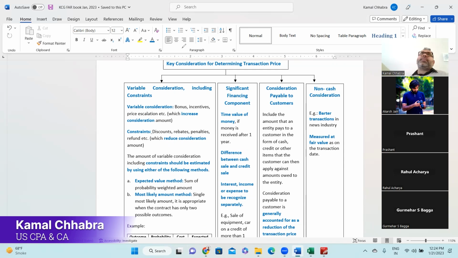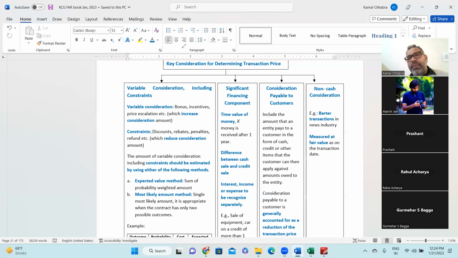For example, let's say Ayush has a dealership of Mercedes, right? So this $100,000 car Ayush has sold to Rahul. And the normal payment terms for the business which Ayush does is 45 days.